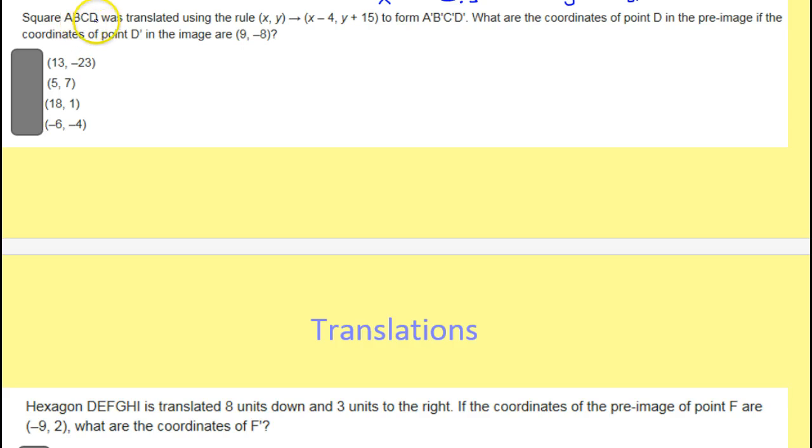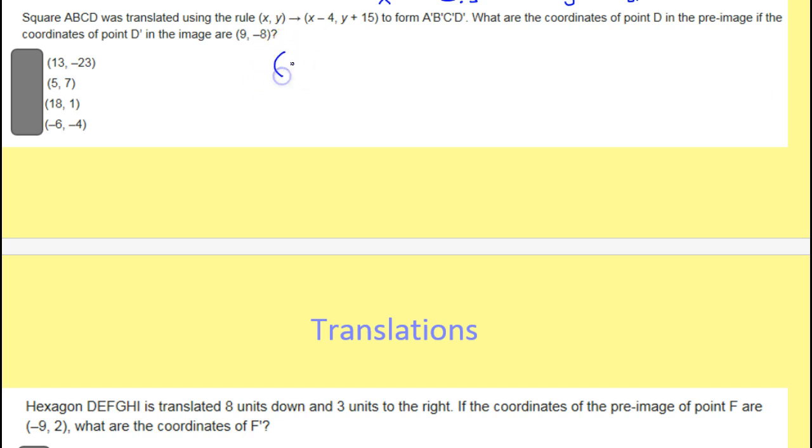Square ABCD was translated using this rule. Okay, fine. We're subtracting 4, adding 15 to form the new A prime, B prime, C prime, D prime. What are the coordinates of point D in the pre-image if the coordinates of D prime are given here?